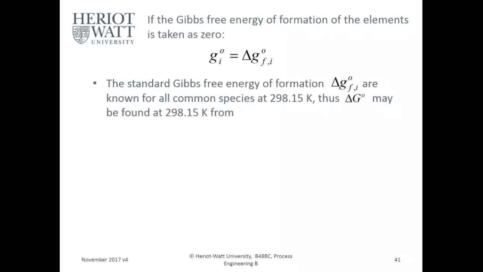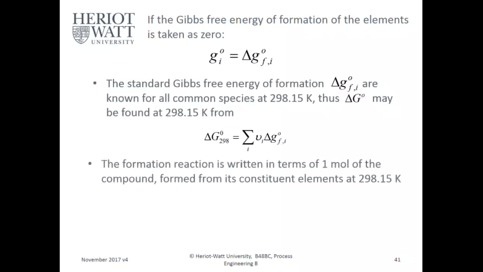Hence, delta G0 may be found at 298.15 K from delta G at 298, which is the sum of vi delta G of formation i. A formation reaction is written in terms of 1 mole of a compound, so these are from your steam tables, even though they're not steam tables.